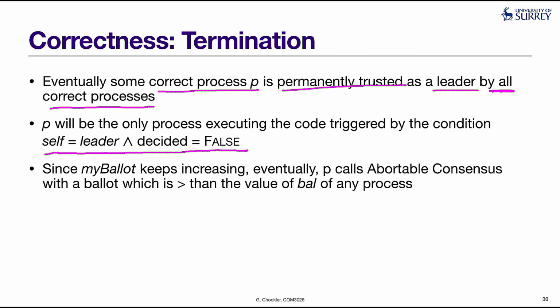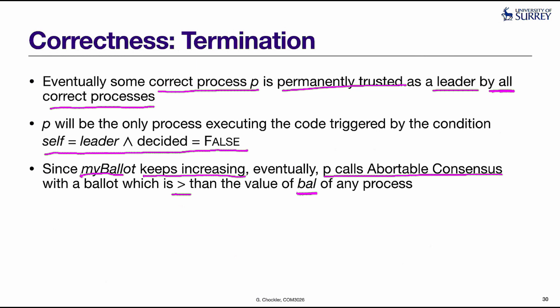And now the next important bit that we discussed is that my ballot keeps increasing. And eventually, that means that P will call abortable consensus with a ballot which is greater than any value stored in the val variable of any process. And as we have seen, this is sufficient for every process to not ever return a negative acknowledgement.